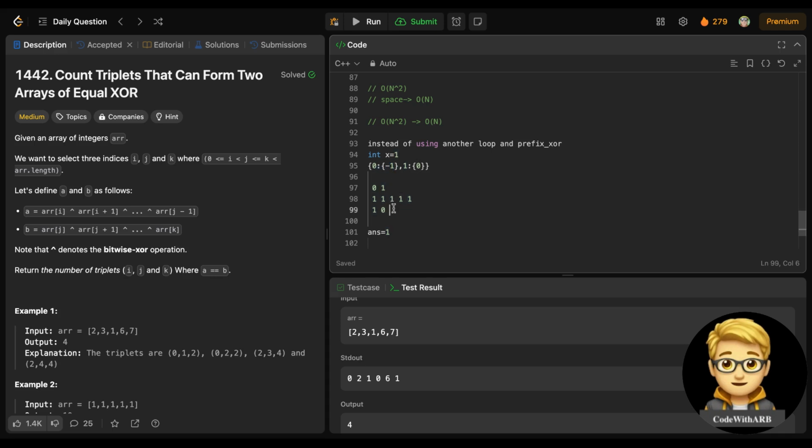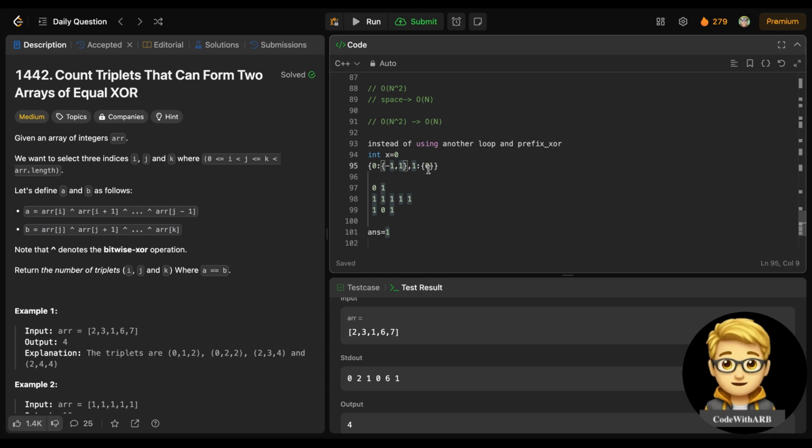Okay, now we will again iterate to this 0, and 0 XOR 1 is 1. If you see, 1 is already present in my hash map, which is at the 0th index. And this 0th index should also be included in my answer, because if another 0 comes, it will generate with this answer and with this index also.